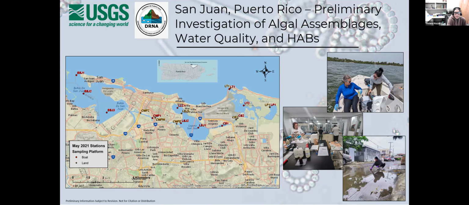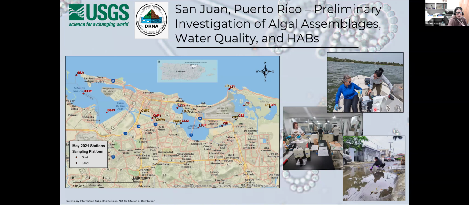Although algal studies in this area are extremely limited, and those that exist haven't been published, harmful algal blooms have been reported as part of the degradation of the CMP.